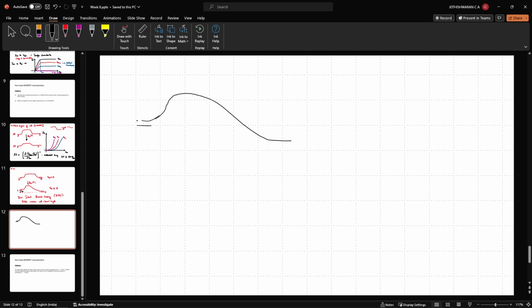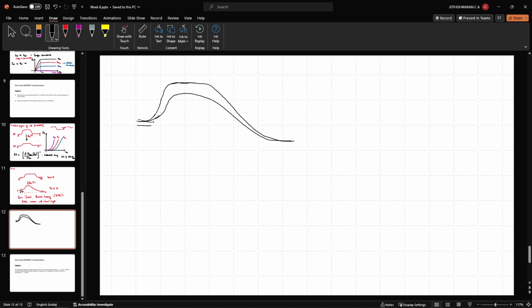For a lower value of gate voltage, of course, the barrier height will be higher, and it will maintain its value for a longer point, and it will fall again to come down to VD, and so on and so forth.